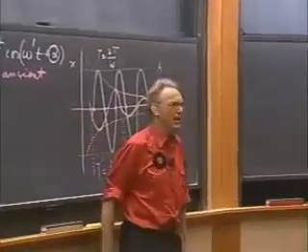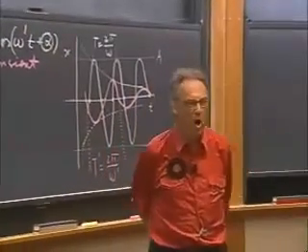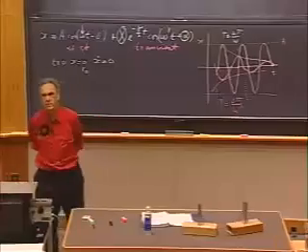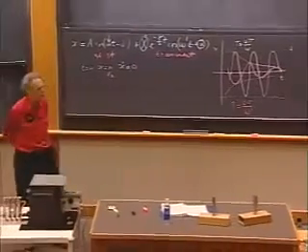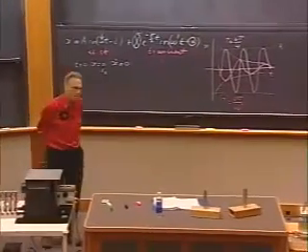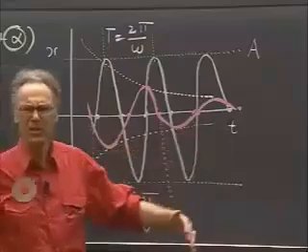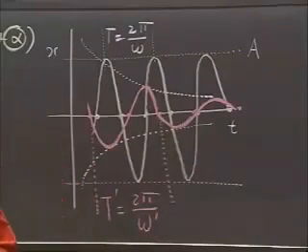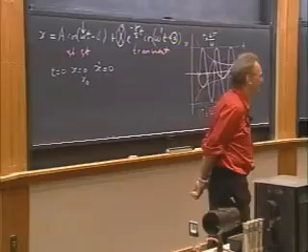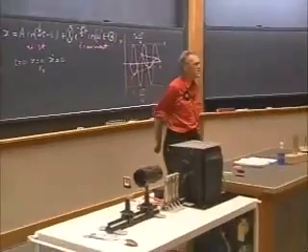What do you think is going to happen now? When I turn this system on, the driver, and my omega is very close to that omega prime. It's true that the transient will die out, but let's say we take a system with a pretty high Q, so it doesn't die out so fast. What do you expect you're going to see? Excellent. You're going to see beats.